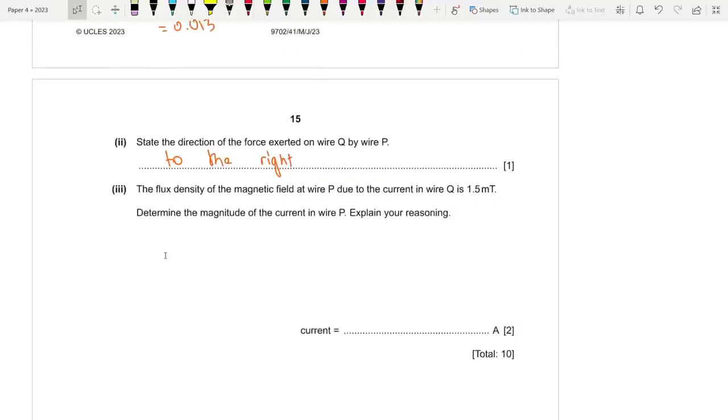So here we had to use that concept that I was telling you, that the force per unit length for both wires is the same because they follow Newton's third law. Force per unit length has the same magnitude due to Newton's third law.